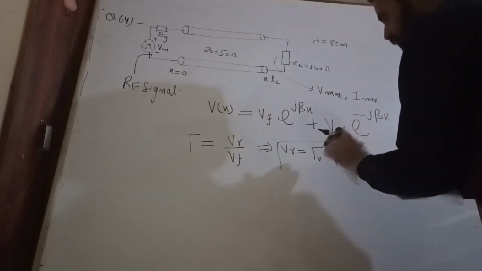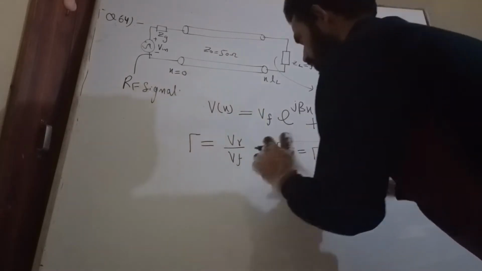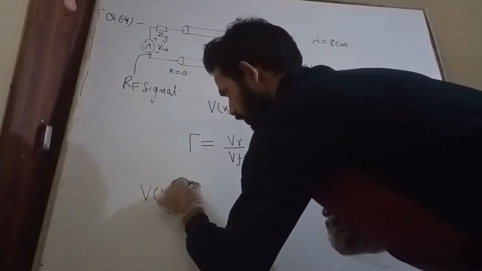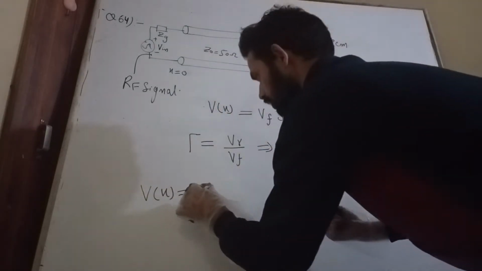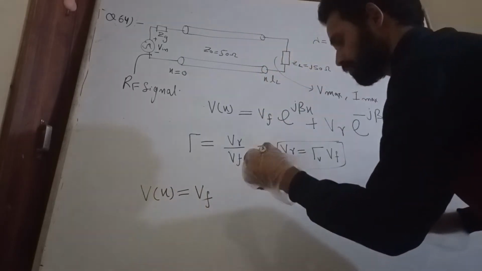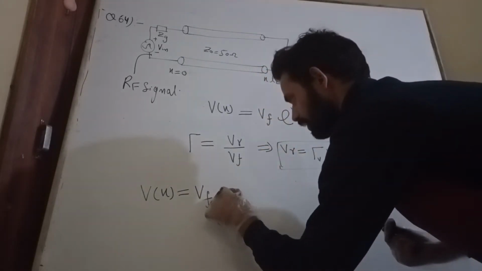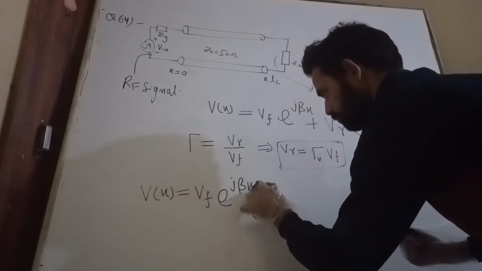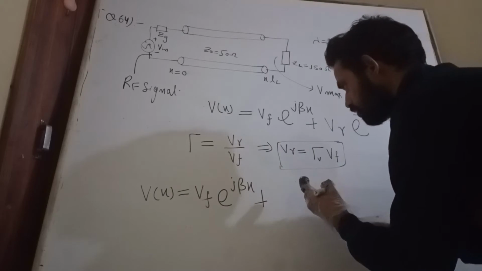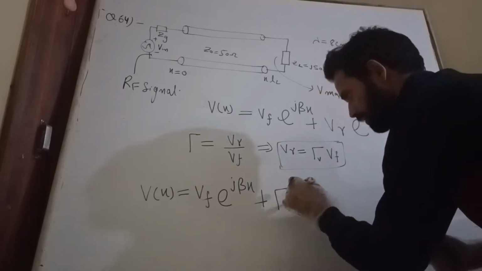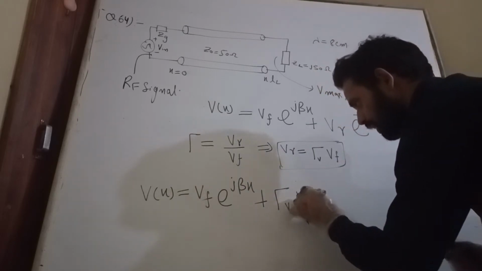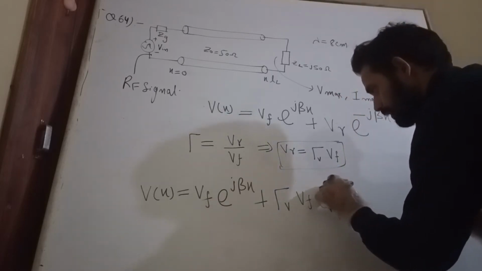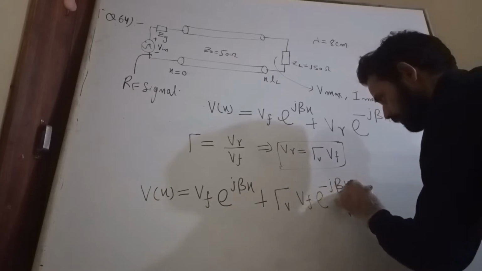Putting the reflected voltage in, V of x is equal to Vf e to the power j beta x plus the reflected voltage, which is reflection coefficient times Vf times e to the power minus j beta x.